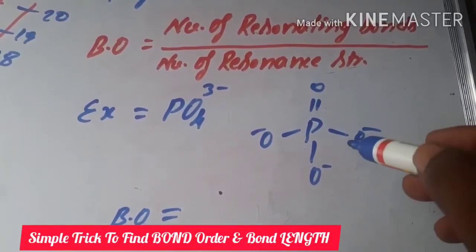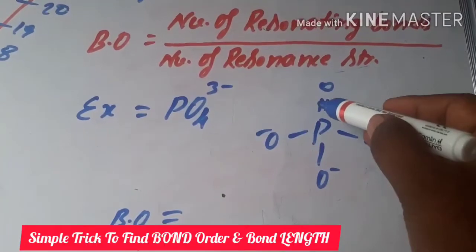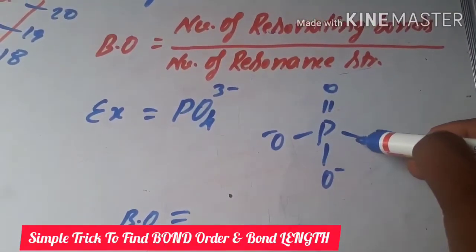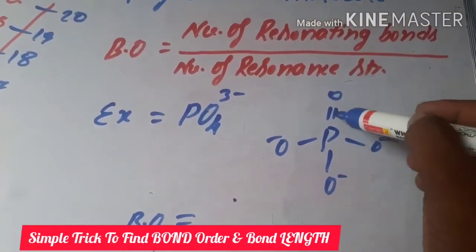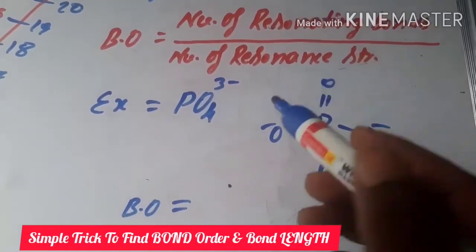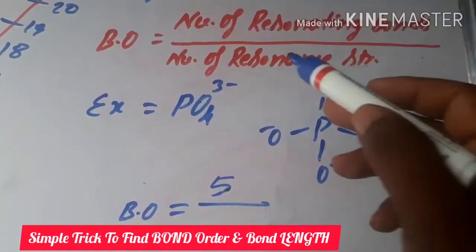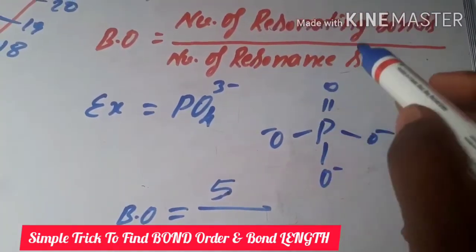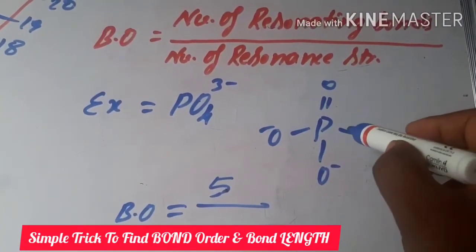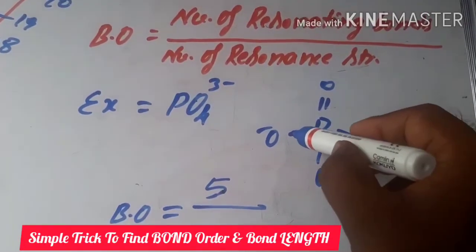The number of resonating bonds means total bonds: 1, 2, 3, 4, 5. The number of resonating bonds is 5, divided by the number of resonance structures obtained by individual single bonds. So 1, 2, 3, 4 only.